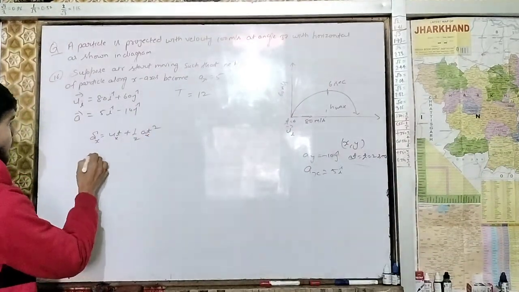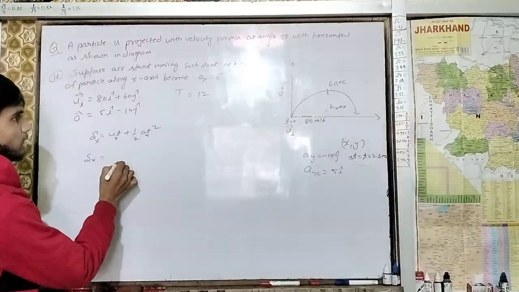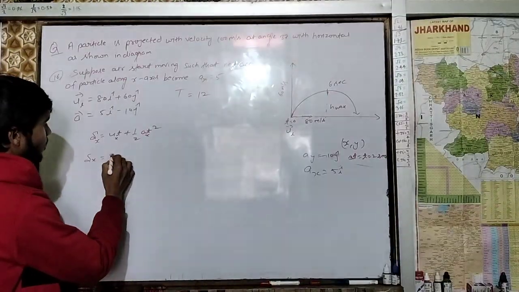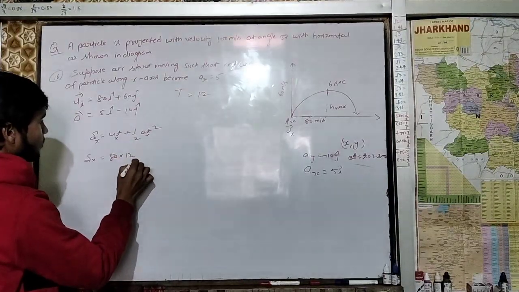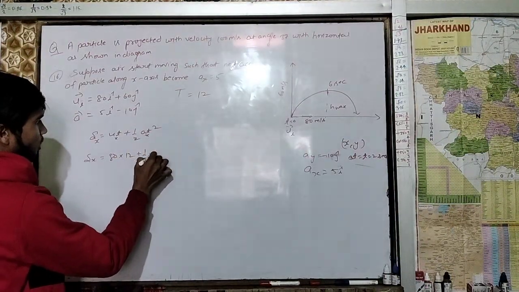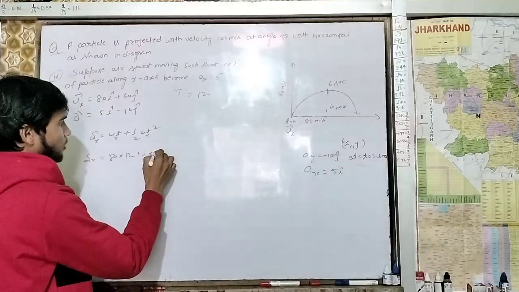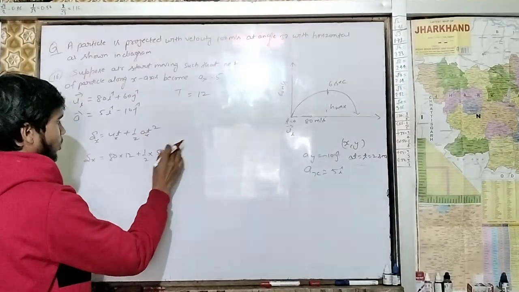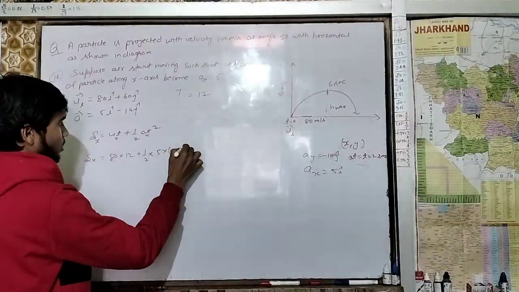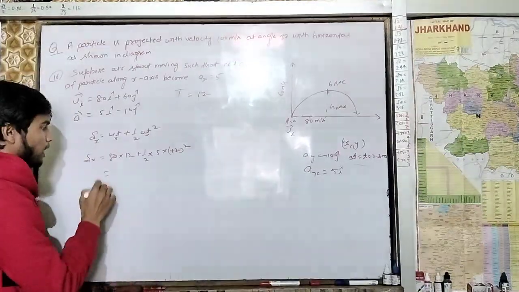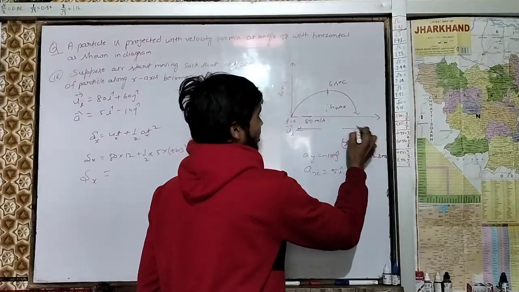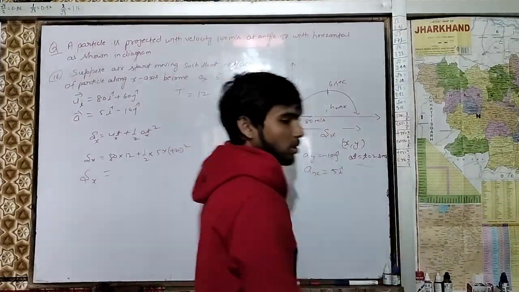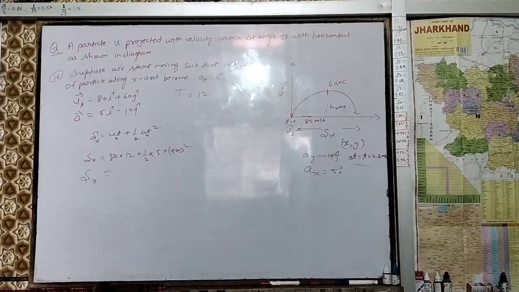Ux is 80, multiplied by t, which is 12. Half ax is 5, not 10, times 12 raised to power 2. After simplifying, you will get sx, means this much displacement.